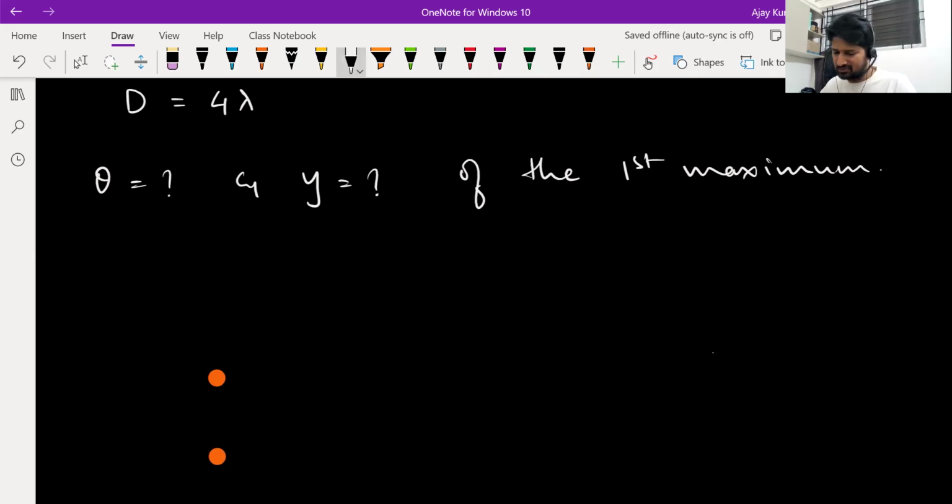Okay, let's say these are the sources. At a small distance from the sources, there is the screen.